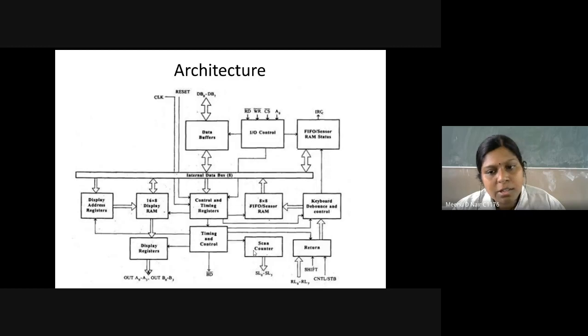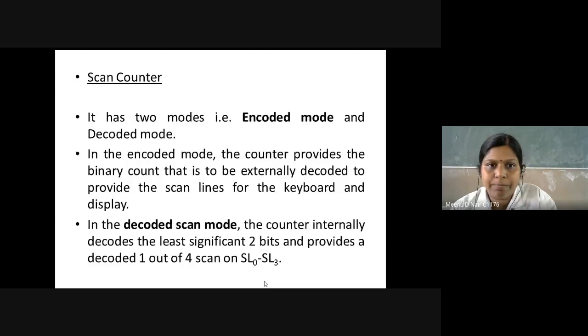In decoded mode, inside the scan counter itself it decodes the signal, and the decoded signal is given to any one of these 4 lines, SL0, SL1, SL2, SL3. So totally 4 lines are there. That is the scan counter, with two modes of operation: encoded mode and decoded mode.